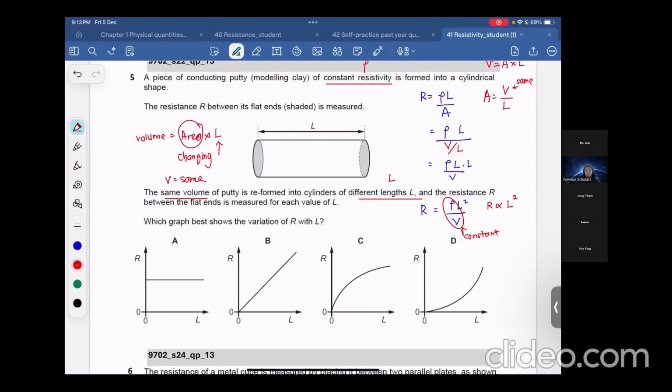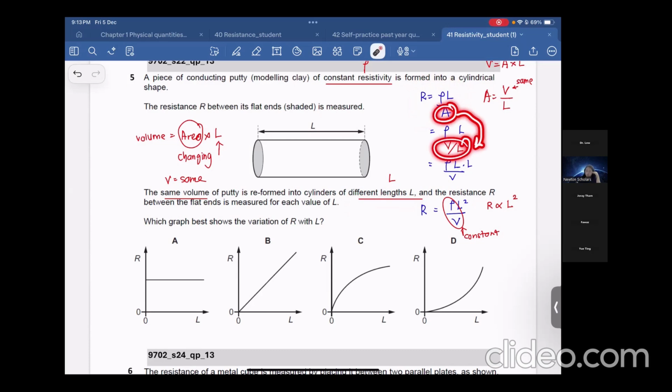For this question, they are changing the length and they are changing the area. We cannot straightly use the initial formula and deduce that resistance is directly proportional to length. For this case, it is different. Different length, different area. So we need to think how to substitute and change the area to a constant value.